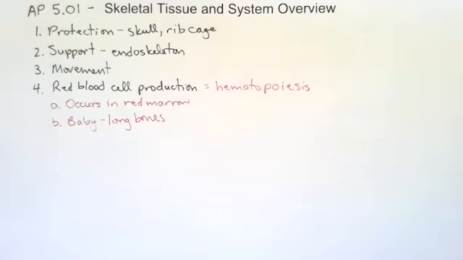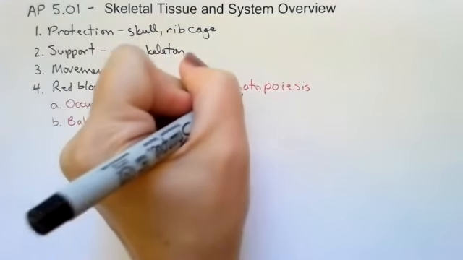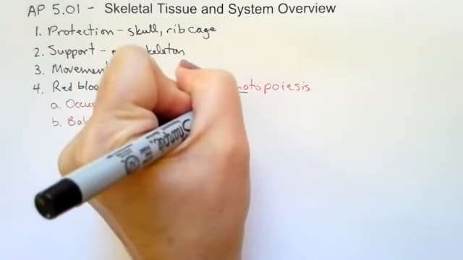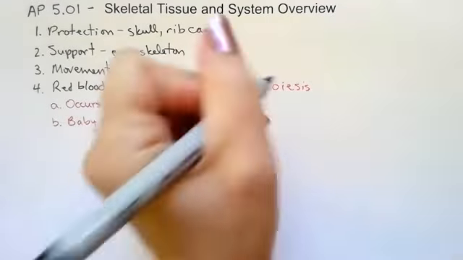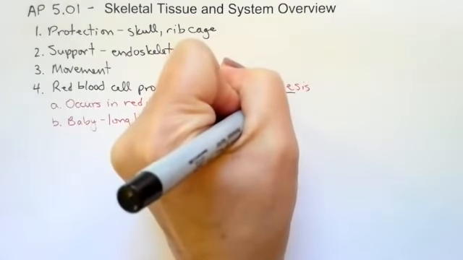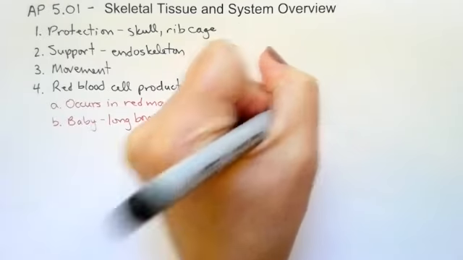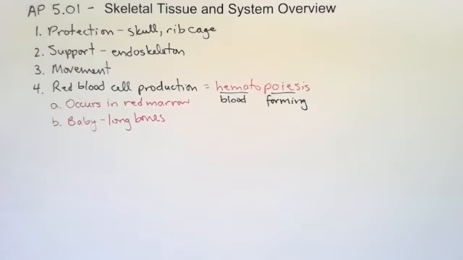Try to say that, hematopoiesis. Hemato is one of the terms we're going to use for blood. And poiesis is forming or making. So hematopoiesis is blood forming.